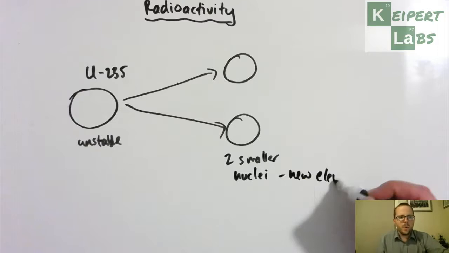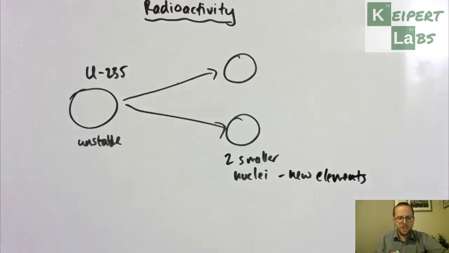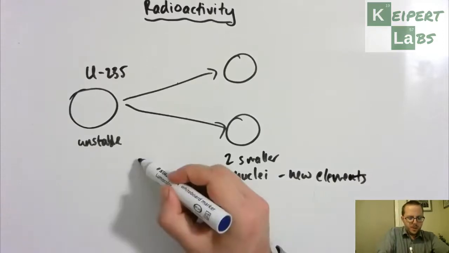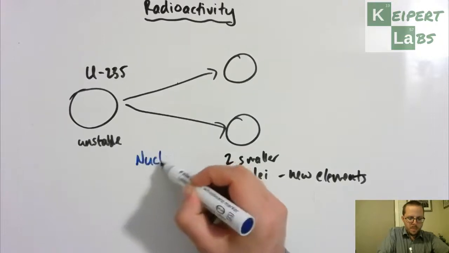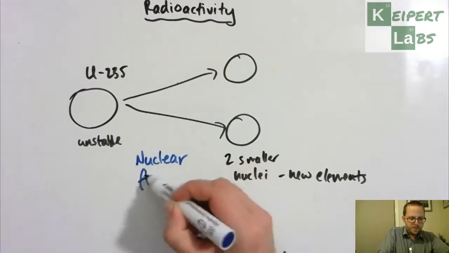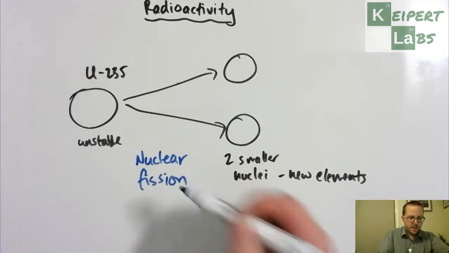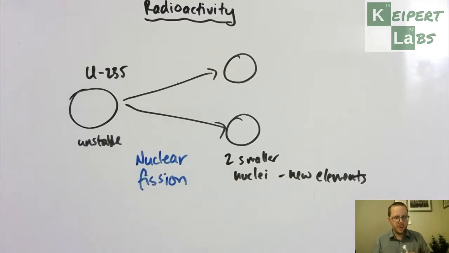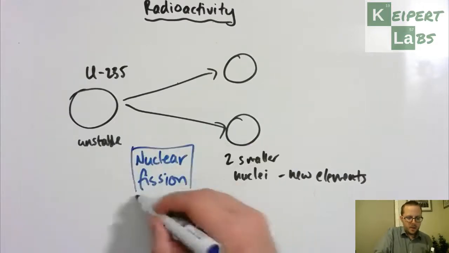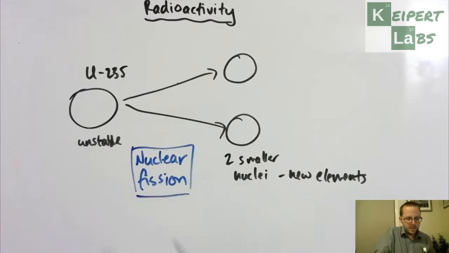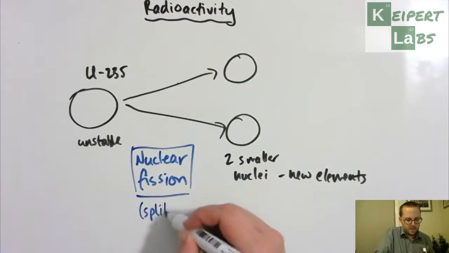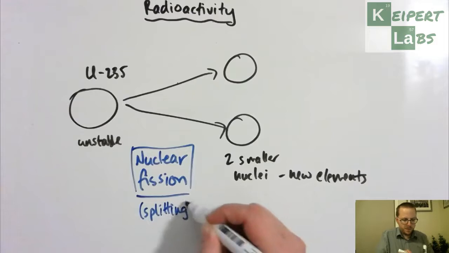Okay, and so this process in the middle is called nuclear fission. It's spelled like the word mission, but with an F, and it basically means splitting. Fission refers to splitting.